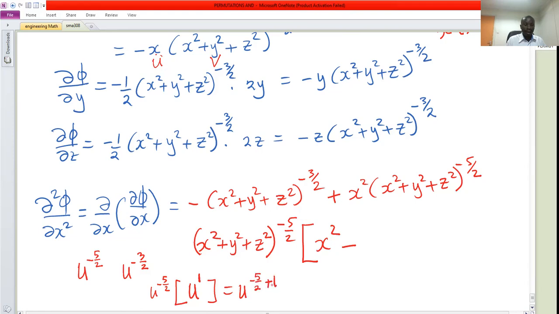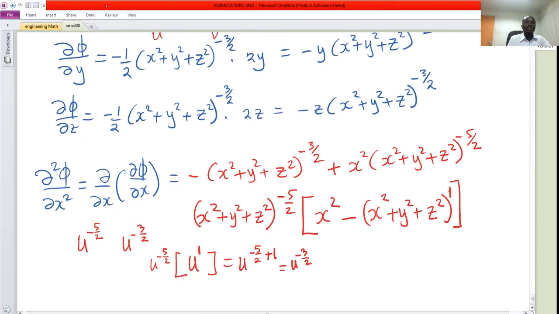Minus 5 over 2 plus 1 gives you minus 3 over 2. So therefore, once I've factored out this bracket raised to power minus 5 over 2, because this is minus 3 over 2, then I need just to have power 1 of the same bracket, so that after simplifying, I still get back my minus 3 over 2 as the power. So I have (x squared plus y squared plus z squared) raised to power 1.